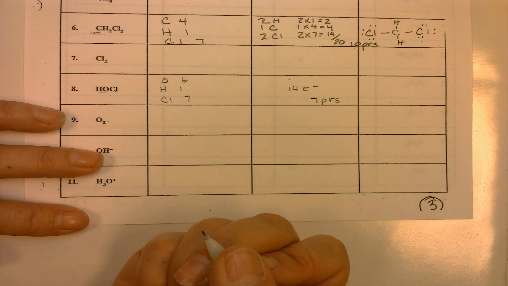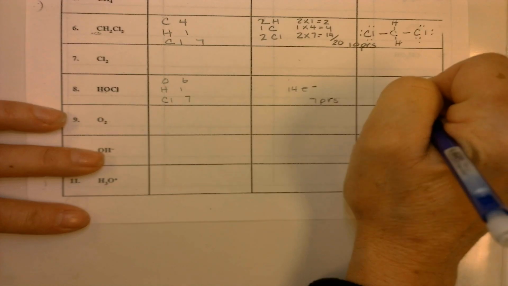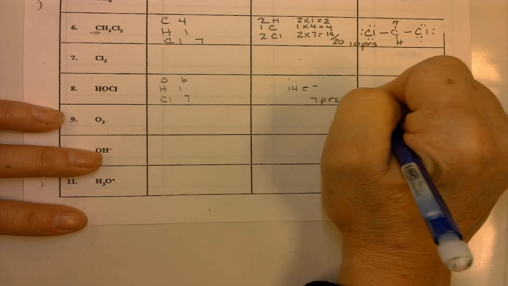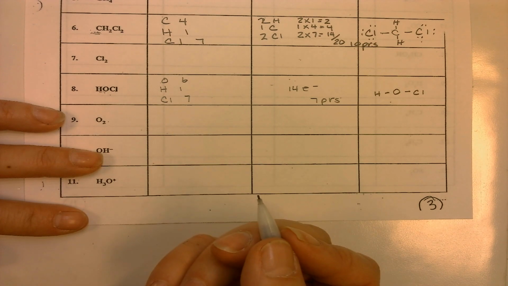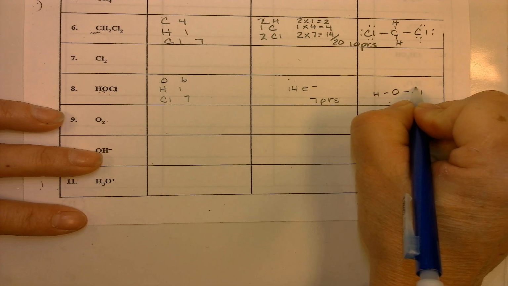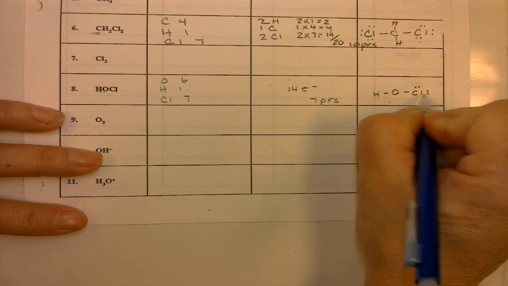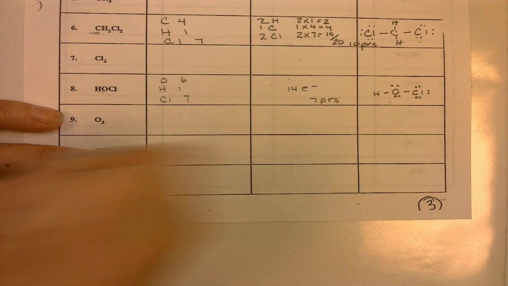My hydrogen can only have 1 bond. My oxygen is going to go in the center. My hydrogen is good. My oxygen is not, and my chlorine is not. So 1, 2, 3, 4, 5, 6, 7. I'm good.